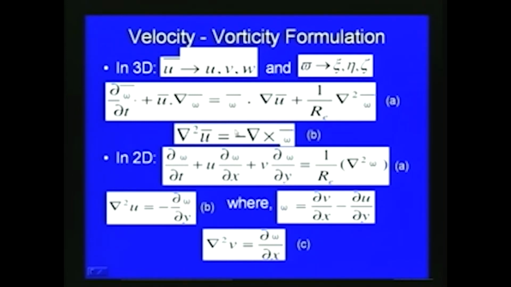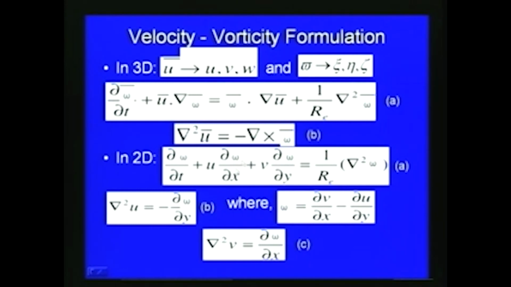Corresponding to the second equation, in two dimensions we can write del square u is equal to minus del omega by del y, and del square v is equal to del omega by del x, where omega is equal to del v by del x minus del u by del y.